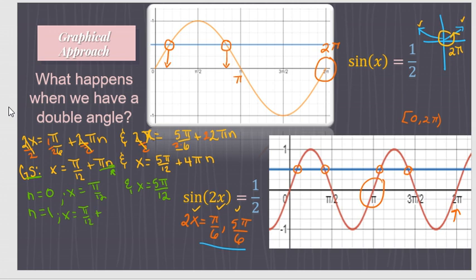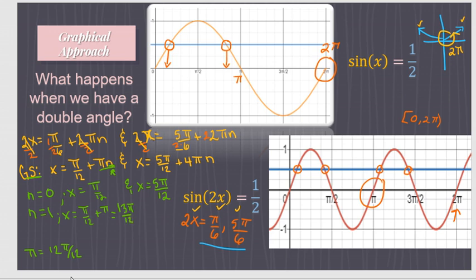Now, to be able to add these two, I have to have a common denominator. Pi is the same as 12 pi over 12. I don't think anybody has a hard time believing that. So all of this goes to 13 pi over 12.